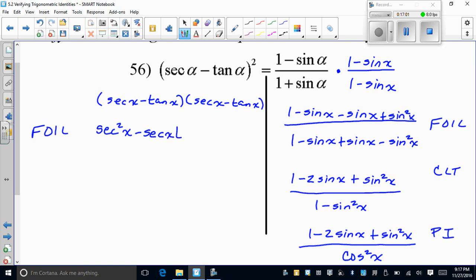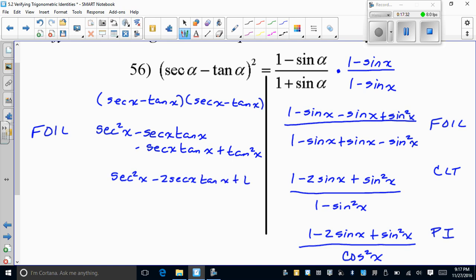Negative times this gives you negative secant tangent. I brought it down because I'm running out of room. Negative times negative gives you positive tangent squared. So this gives me secant squared of x minus 2 secant of x tangent of x plus tangent squared.